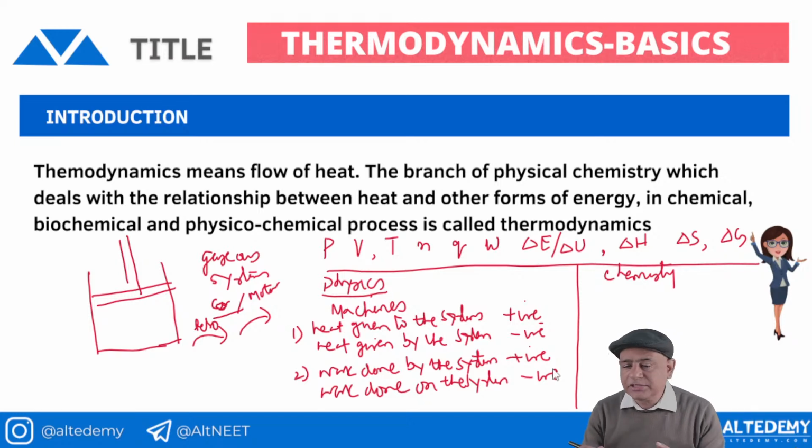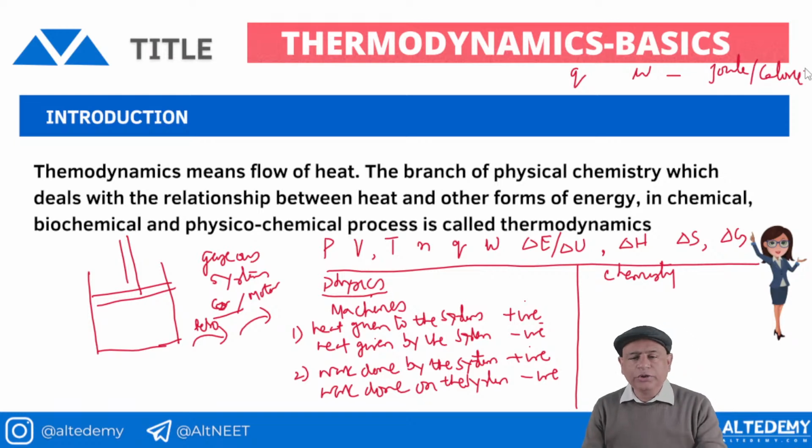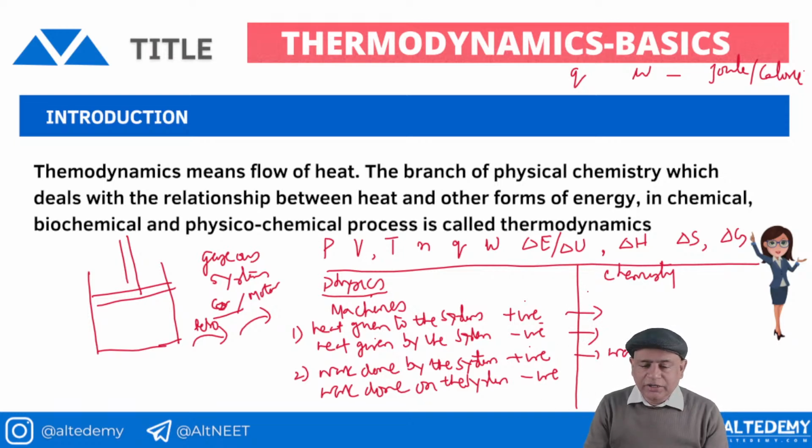But how does a chemistry person think? That also you should know. A chemistry person will always ask that the unit of heat and the unit of work are both joule or calorie. So if heat given to the system is positive, then obviously for us work done on the system should be positive.